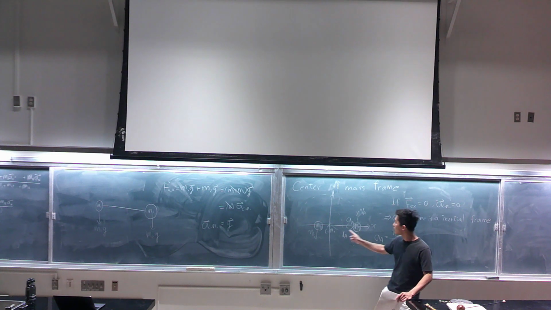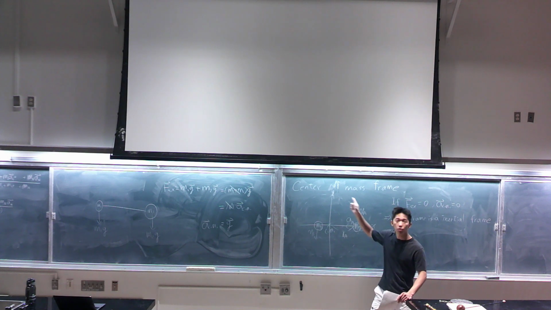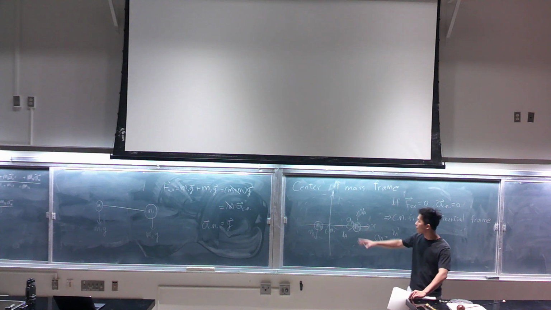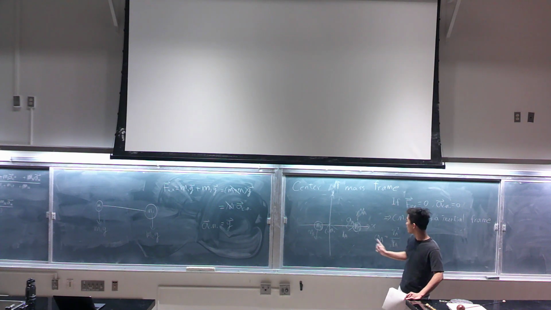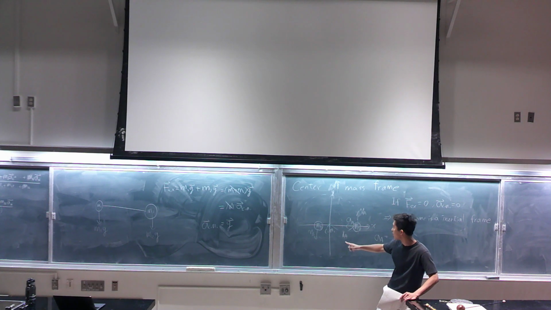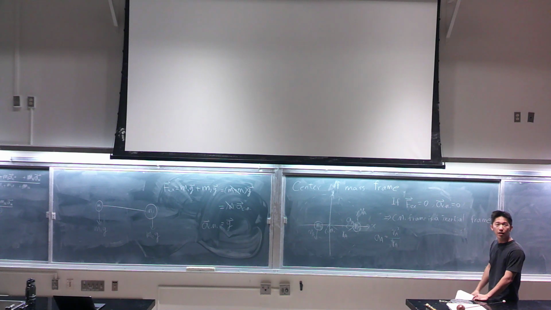So it's not going to be the distance between MA and MB, but the distance to the center of its circular motion. When we say the mass of the sun is super big, the distance is just the same as R, but now it's different. You need to look at the distance to the center of mass for this R instead of the entire distance between them. Same for MB.